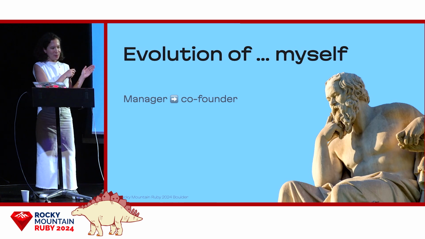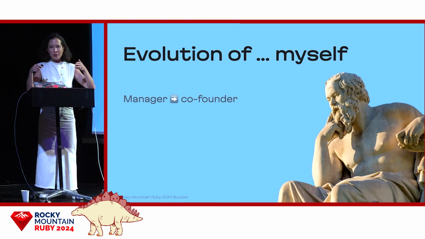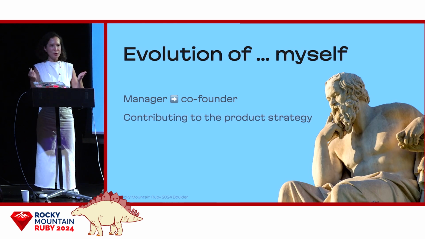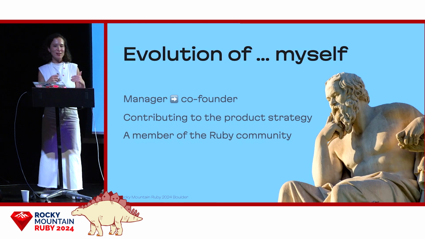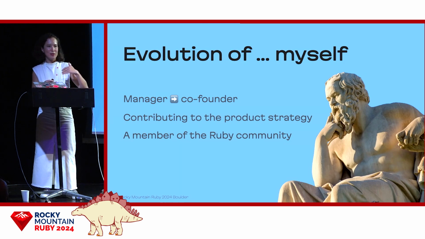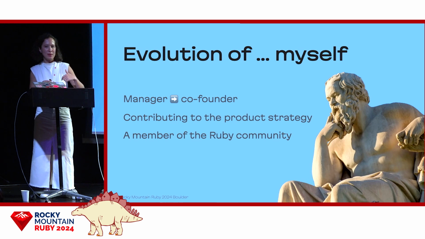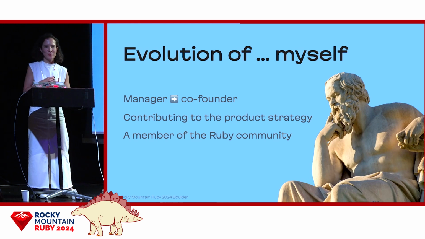And over those years, we became real co-founders here. In practical terms, it means we collaborate and contribute equally to the strategy. And it helped me a lot to connect with many Rails companies and with the Ruby community, which I'm grateful for.